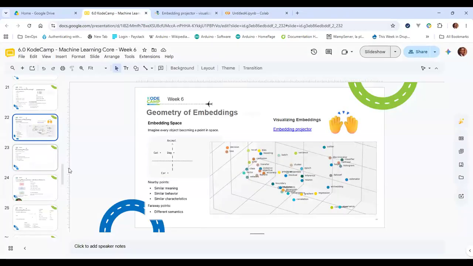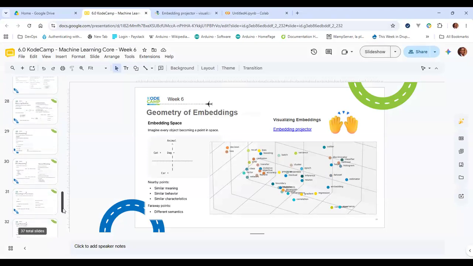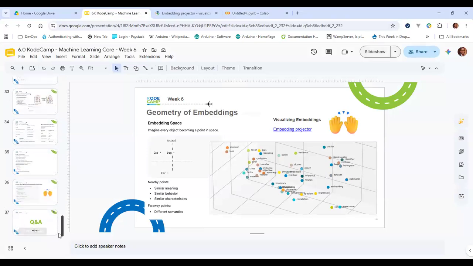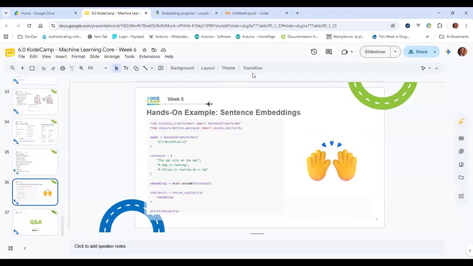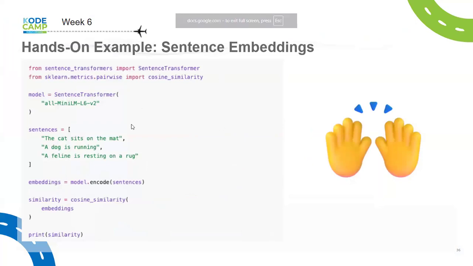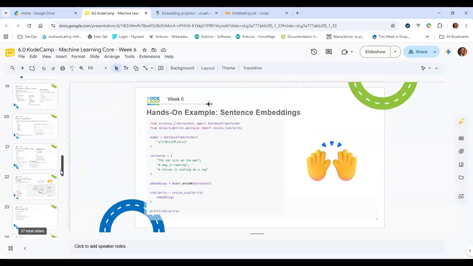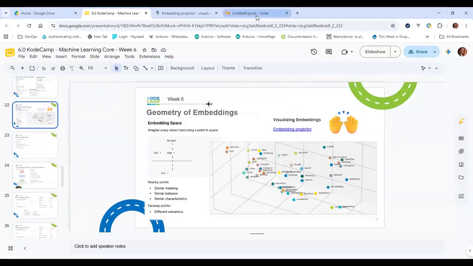Okay. And I was also saying that this is the method that you can use to get embeddings. You can use this sentence transformer, and I'll explain this in more detail later on, but this is the method I'm going to use. So let's go into it.